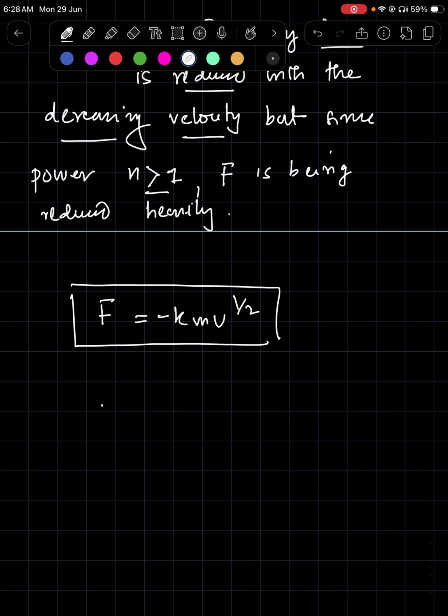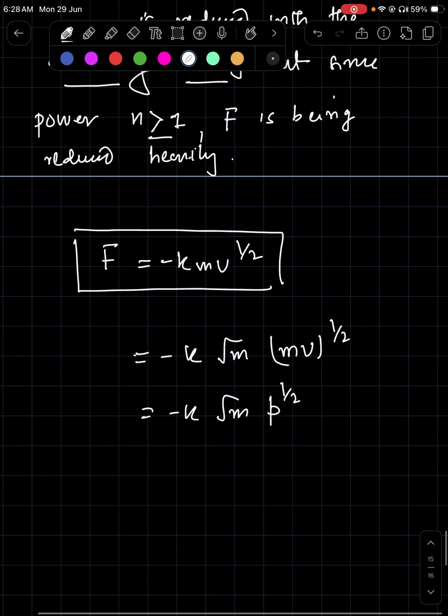So m times dv by dt. Now I cannot write it as dp by dt directly. But I can write m, just the right side root m into root m, so that is m v to the power 4 halves, that is minus root m, that is p to the power half.